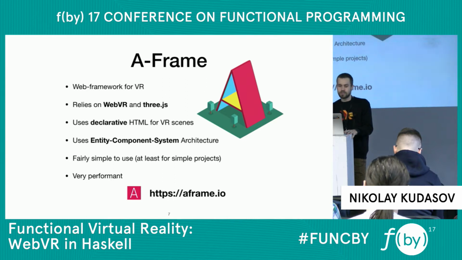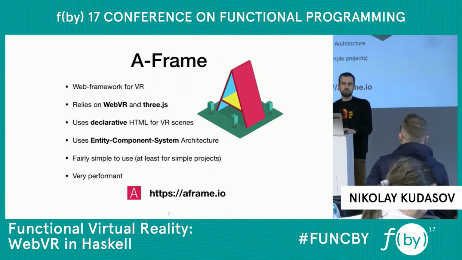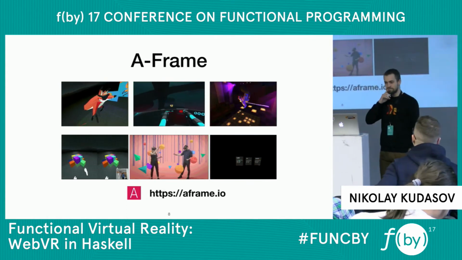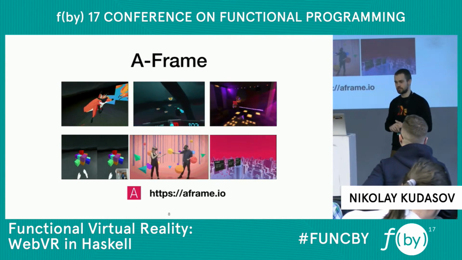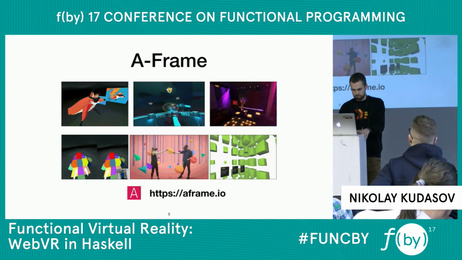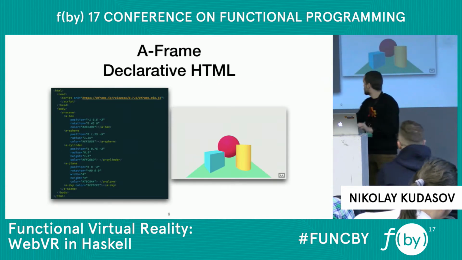And well, they claim that they are very performant, and they have some applications built with AFrame that perform relatively fast compared to native applications. So these are just some examples from their site. So AFrame uses declarative HTML.